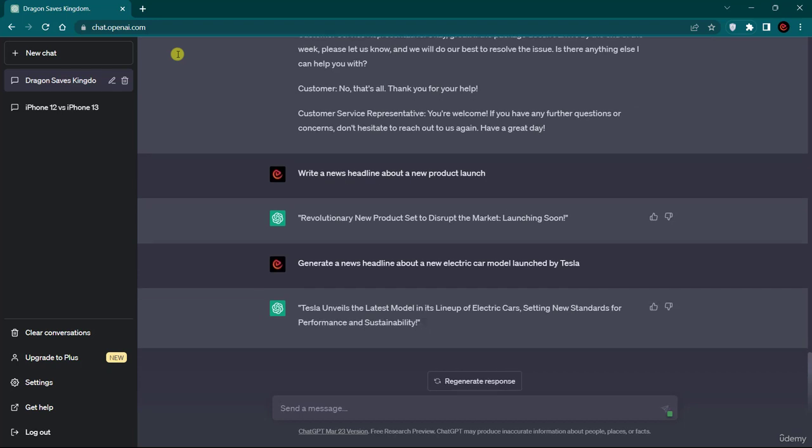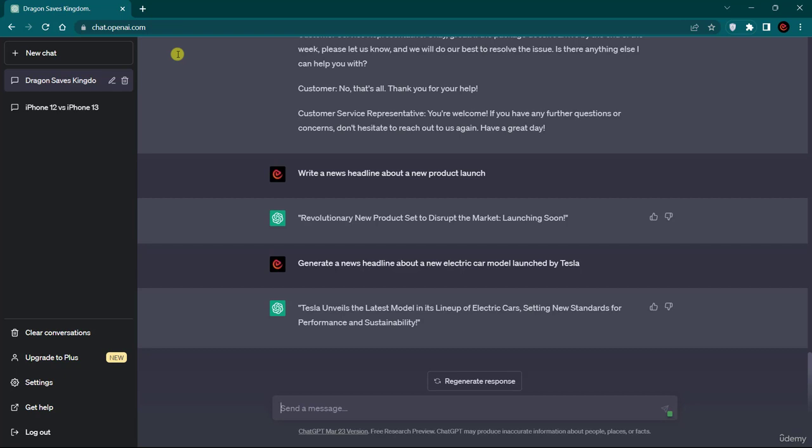As you can see, it also gives the necessary context for the model to generate a relevant response. So, resulting headline would be something like Tesla unveils the latest model in its lineup of electric cars, setting new standards for performance and sustainability, right? So, this is how your response will differ if your prompt is not given in the proper order.